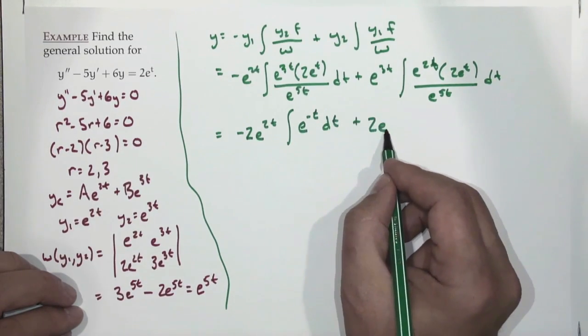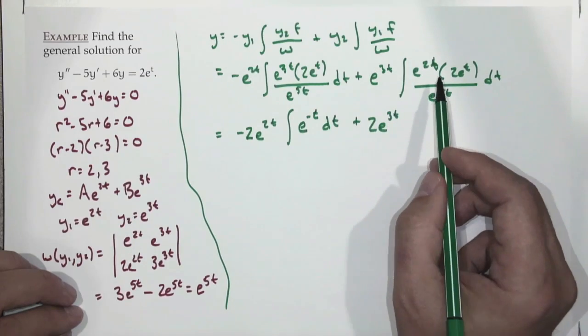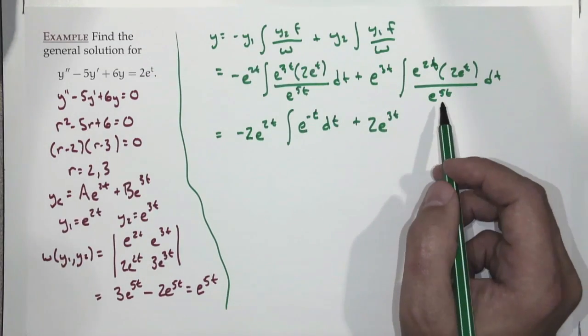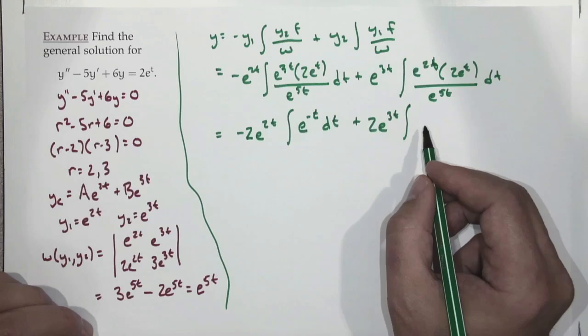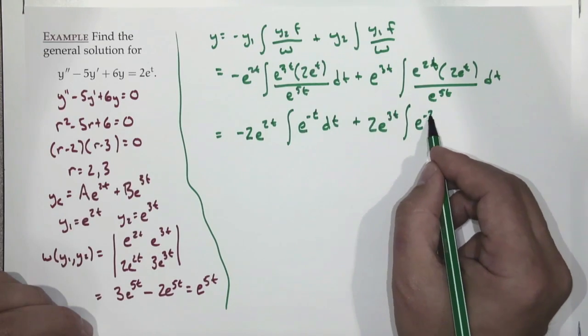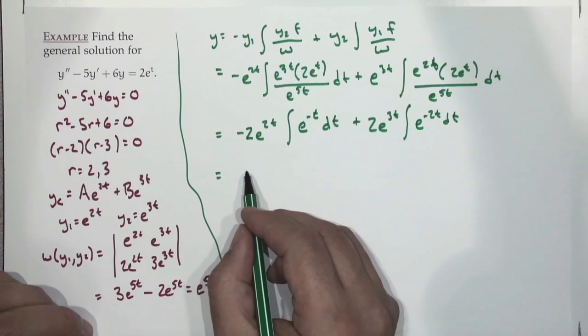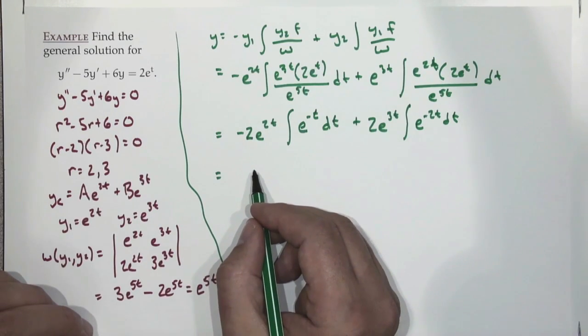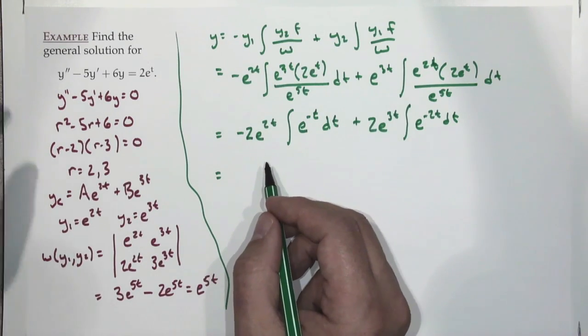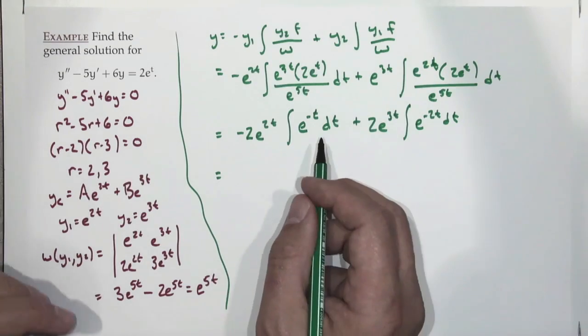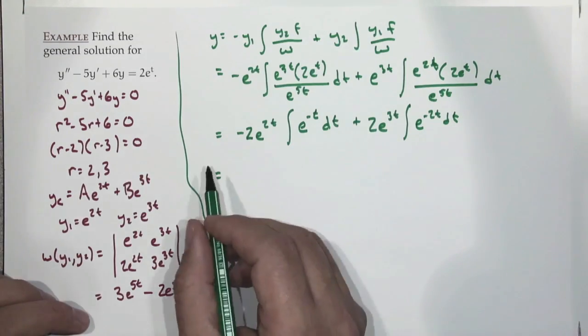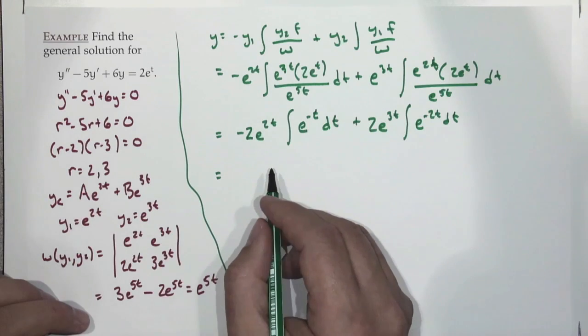Here we'll pull out the 2 again: e to the 3t, e to the 2t, e to the t, over e to the 5t, all together e to the minus 2t. All right, what's the integral of e to the minus t? Yeah, it's negative e to the minus t. I'm not going to worry about the plus C. We'll worry about that in a second.